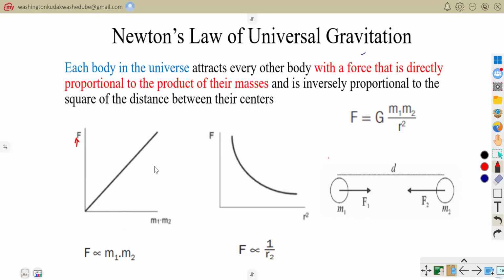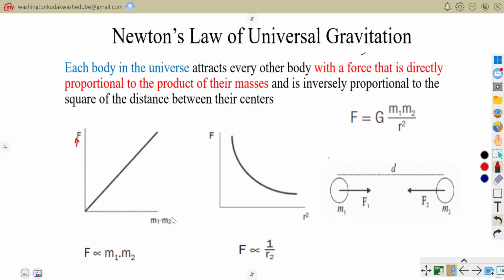This force will increase as the product of the two masses of the bodies increases. So the relationship between the product of the two masses and the force of attraction is directly proportional. You would find a straight line graph between the force of attraction and the product of the two masses.